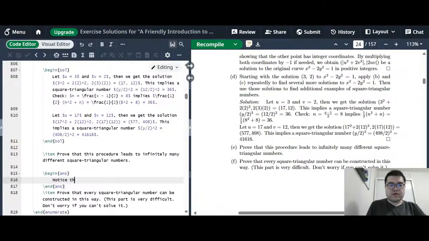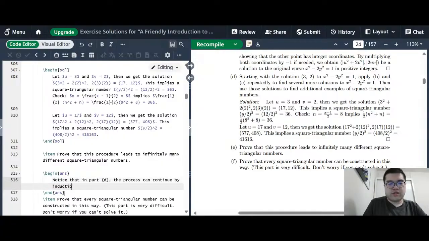Notice that I'm going to answer it in a tricky way. It's a little bit sneaky, by the way. The process can continue by induction.